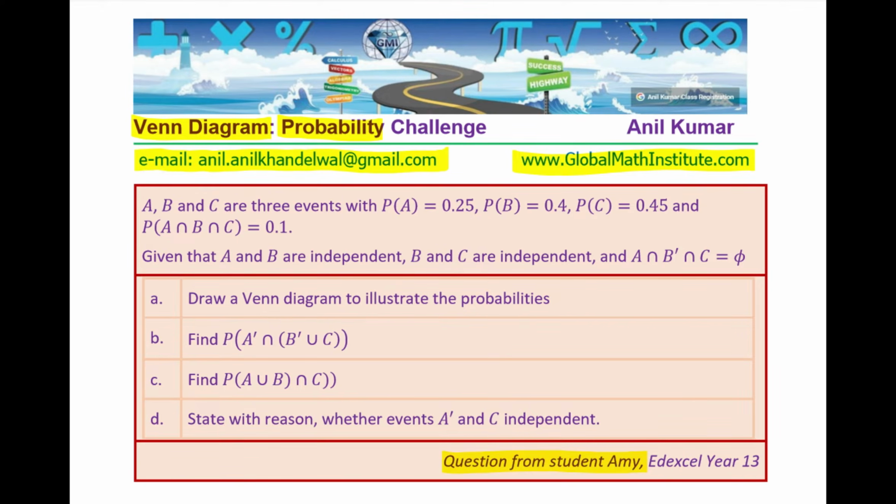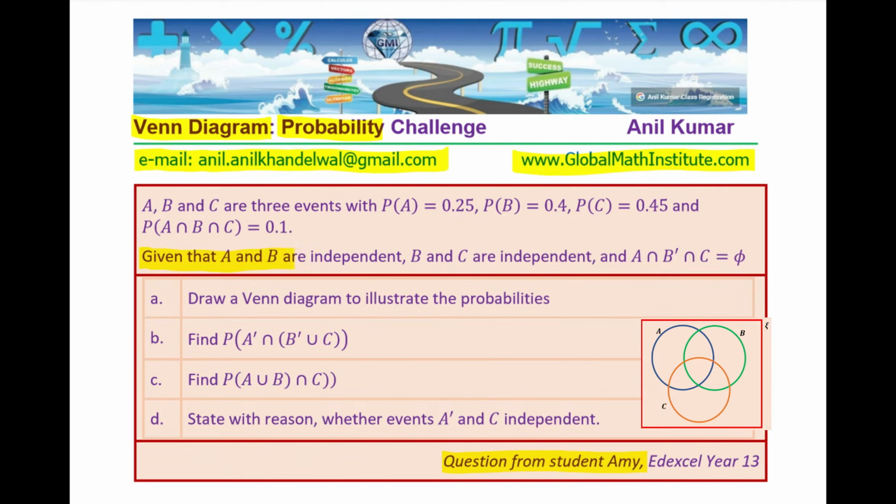Now, a very difficult thing to understand in this is the condition given to us. Given that A and B are independent, that is clear, and B and C are independent, that is absolutely clear. However, the last condition here, which is A intersection complement of B intersection C is a null set, is a very confusing statement.